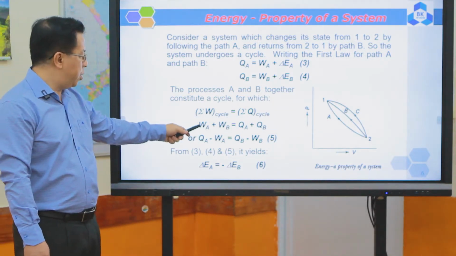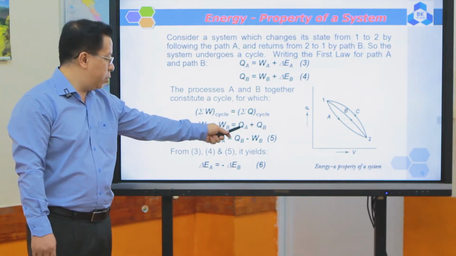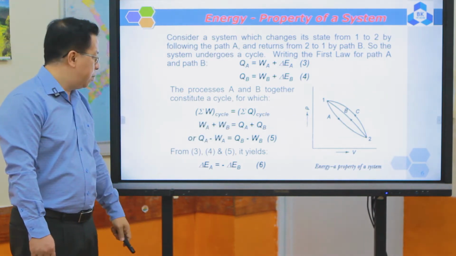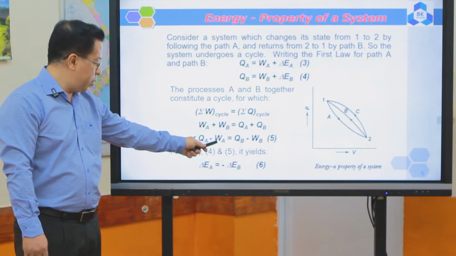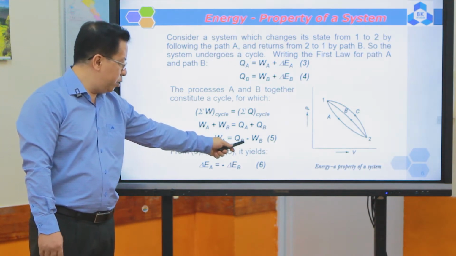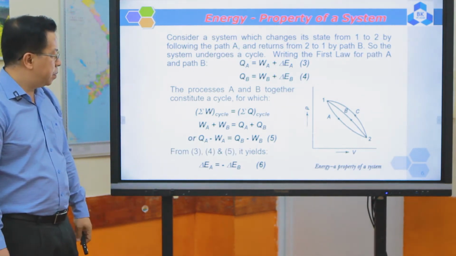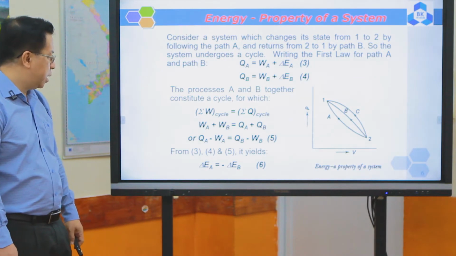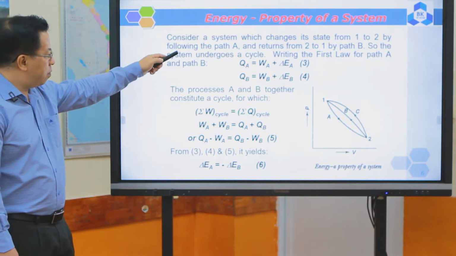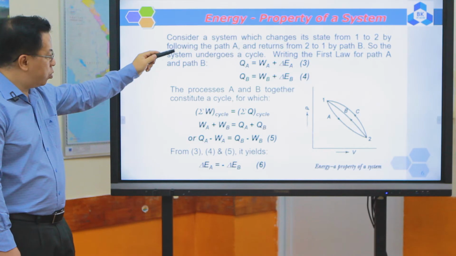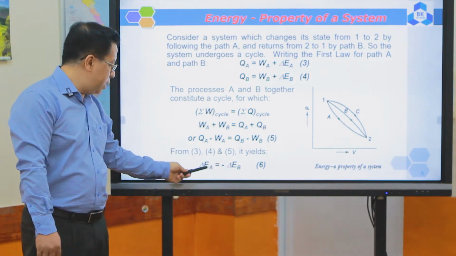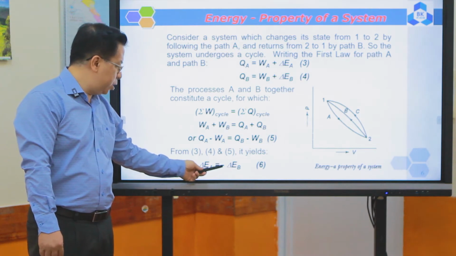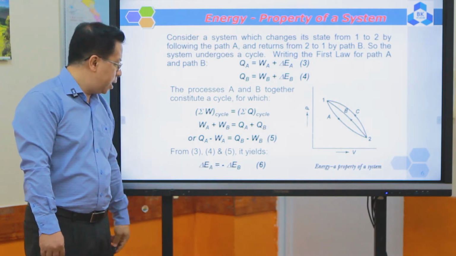It means WA plus WB equal to QA plus QB, or QA minus WA will be equal to QB minus WB. So from equations 3, 4, and 5, we got delta EA equal to minus delta EB.